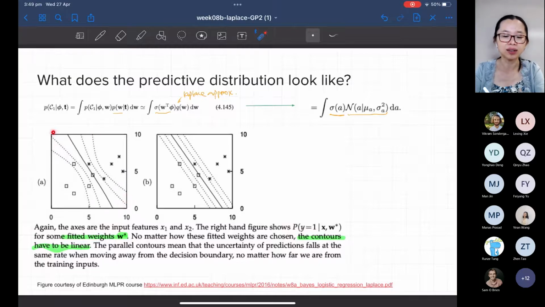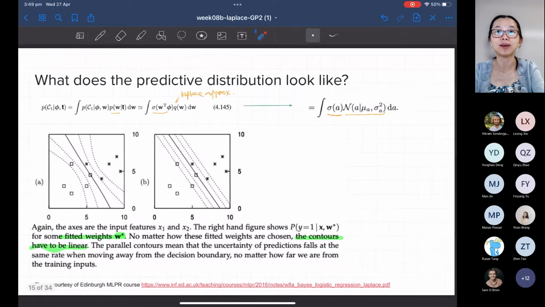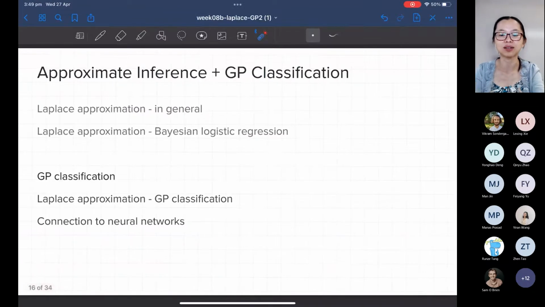Because in these regions where we haven't observed data points, we really don't know, and what we assign as class 1 or 0 is less confident, or sometimes not better than a random guess if it's really far away. The same observation was true for Gaussian process regression, if you remember. When we go outside of the interpolation scheme and outside of the training points, the uncertainty cloud increases by a lot. So that's the expected behavior. All right, so that is the Laplace approximation, and how to use it on logistic regression.